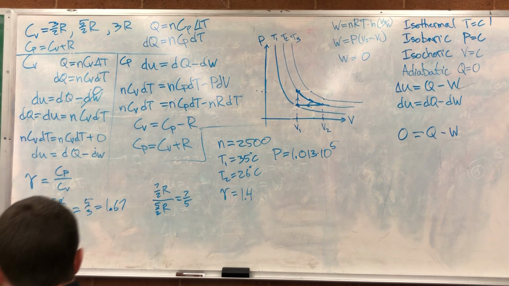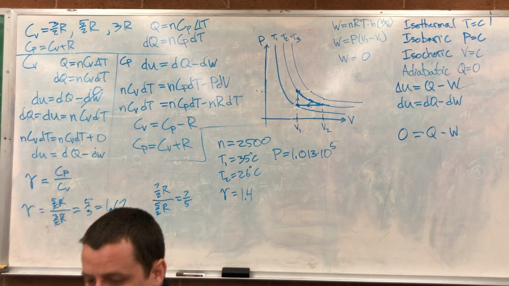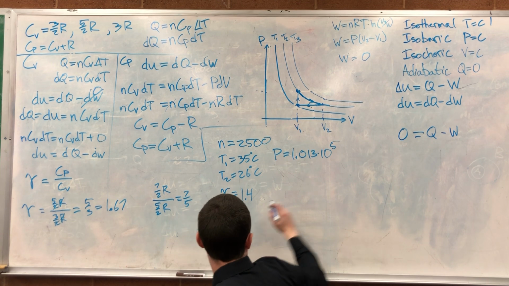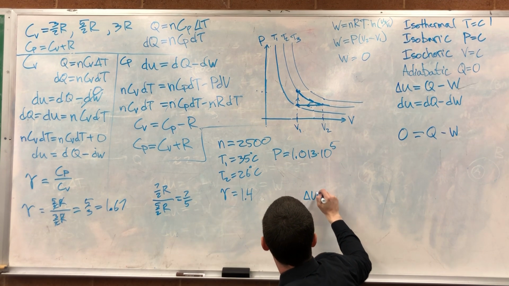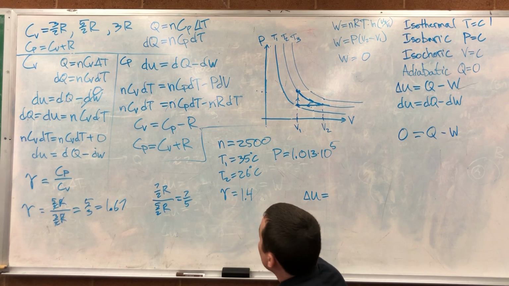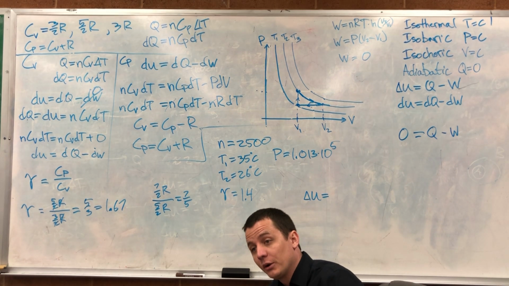Okay, so we have our numbers, and we were looking for the change in internal energy, delta U. In our case, it's in our room, so we're assuming a constant volume.